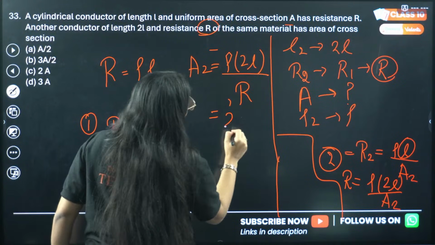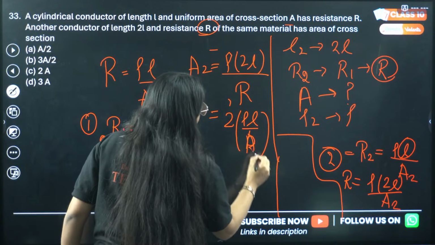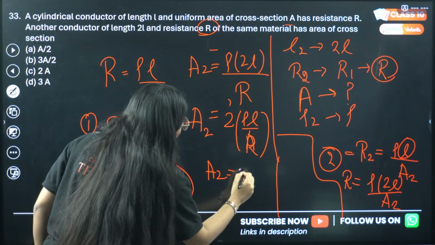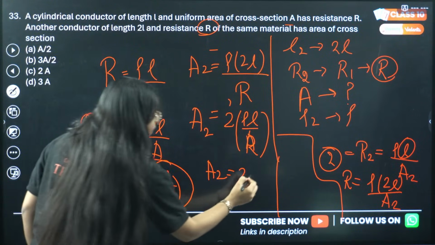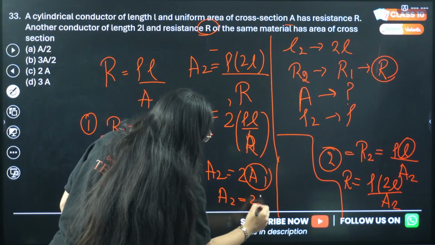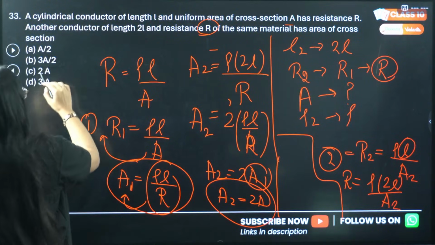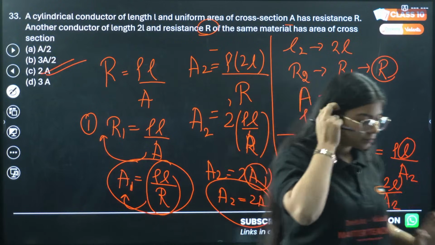Now this will be 2 into rho L by R. This is A2. So A2 will be 2 into, now rho L by R is what? It's A1, and A1 is A, so A2 will be 2A, correct? Understood? So answer is actually C, which is 2A.